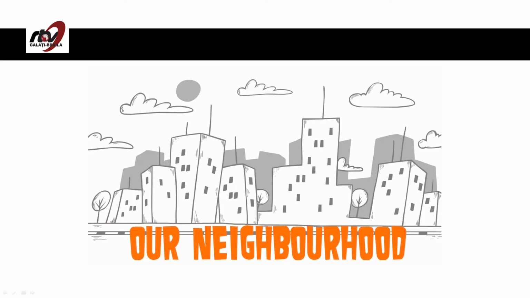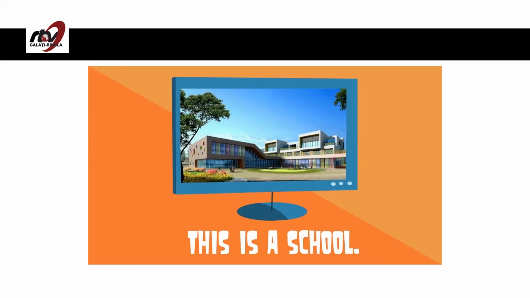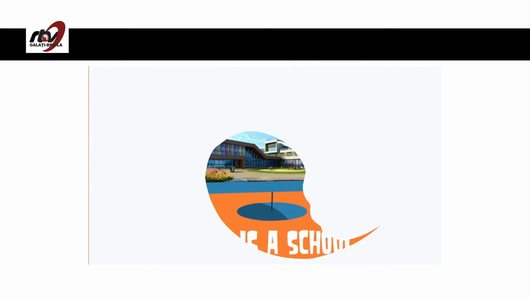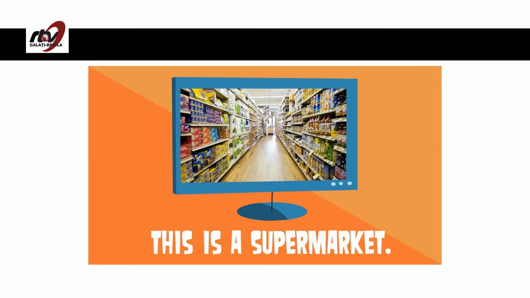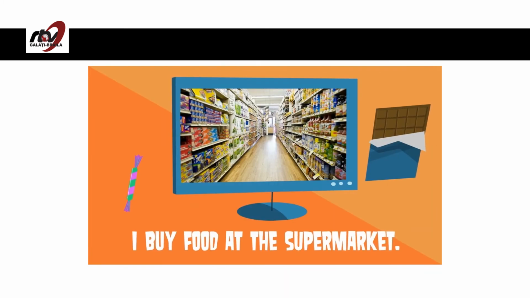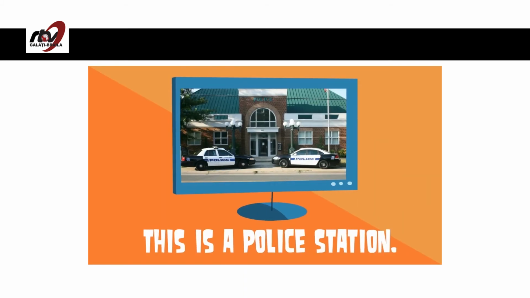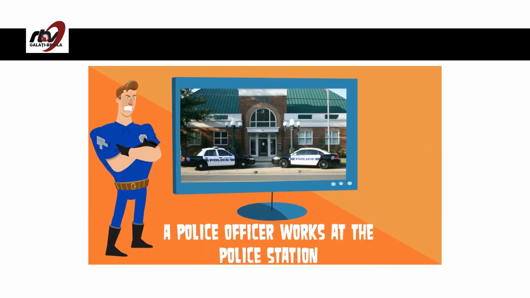Our neighborhood. This is a school. I learn at school. This is a supermarket. I buy food at the supermarket. This is a police station. A police officer works at the police station.